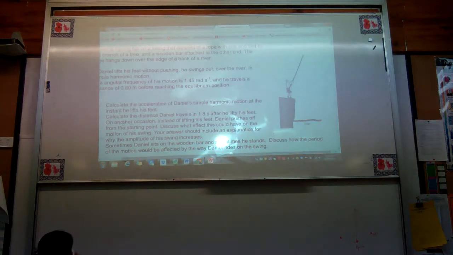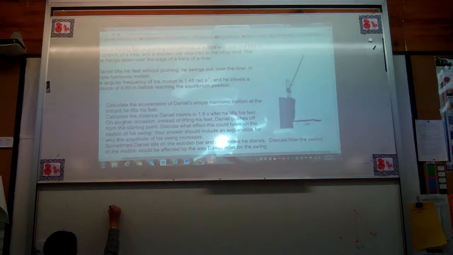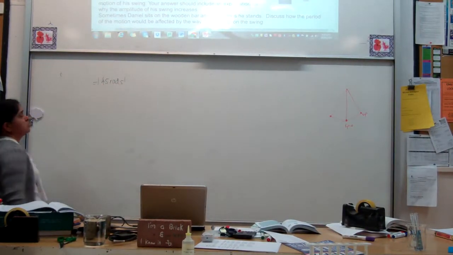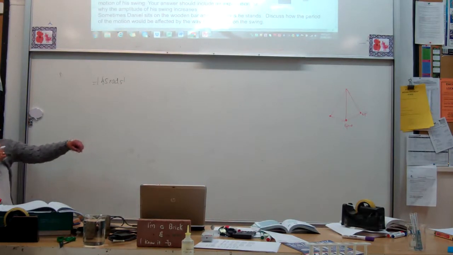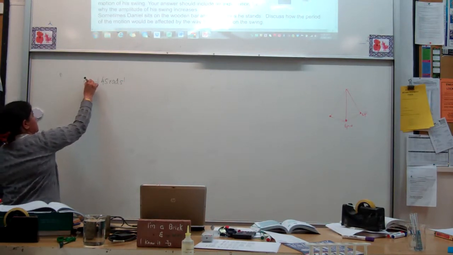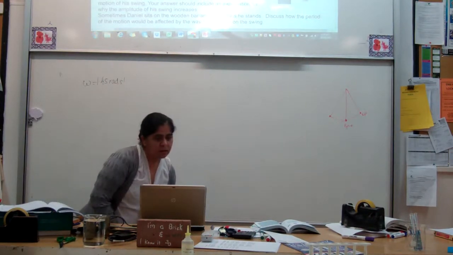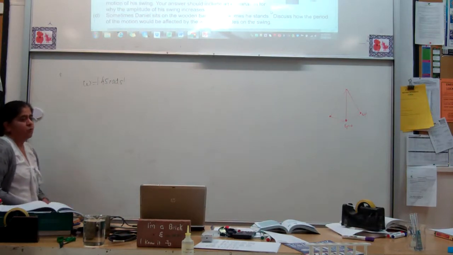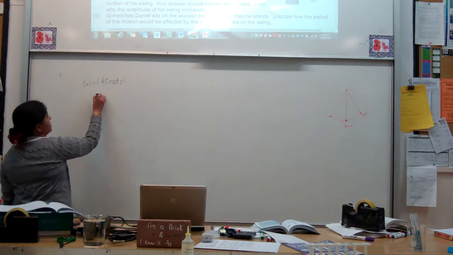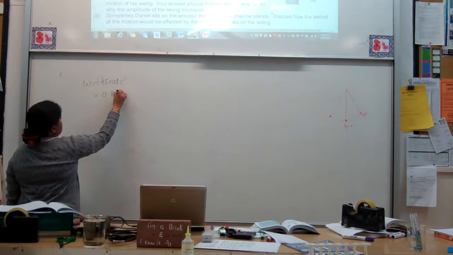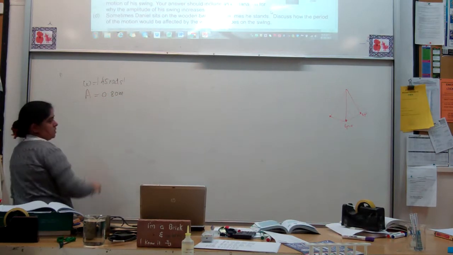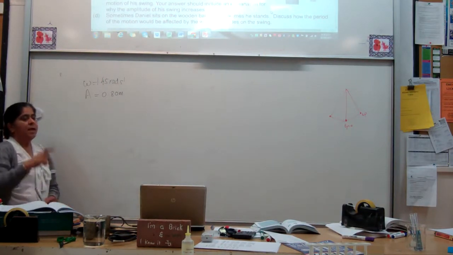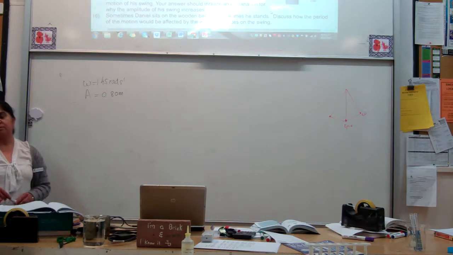First thing, as a physicist, you should sort out what these quantities are. What symbol am I supposed to write in front of this? Omega, yes. Next, what is given? He travels a distance of 0.8 meter before reaching equilibrium. So what is 0.8 meters? A, sorted. Calculate the acceleration of Daniel's simple harmonic motion at the instant he lifts his feet.